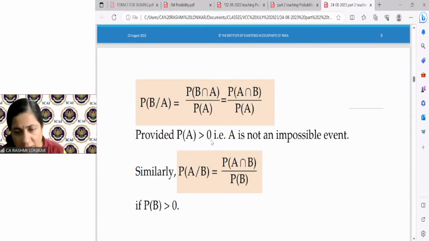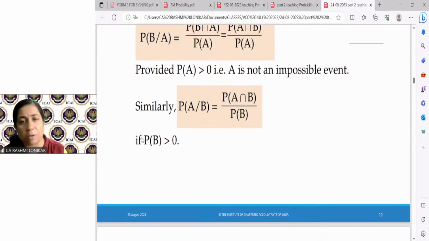If P of A is greater than 0, that is A is not an impossible event, it has to be considered. We cannot have 0 in the denominator because 0 in the denominator is undefined. Similarly for P of B.